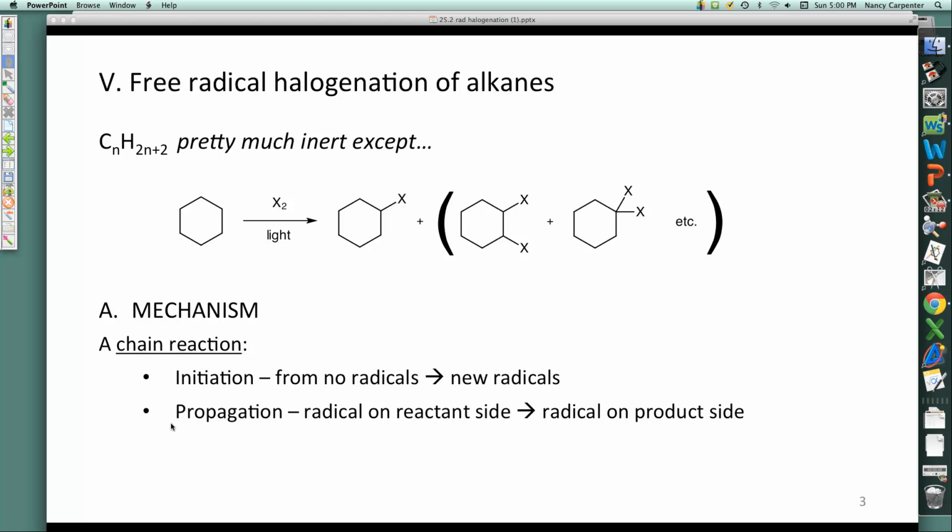The propagation steps are reaction steps where there's no net loss or gain of radicals. So they just keep the reaction going. And then every once in a while, two radicals will combine to terminate the reaction. So a termination step removes your reactive species by quenching the radicals and ending up on the product side with no radicals.